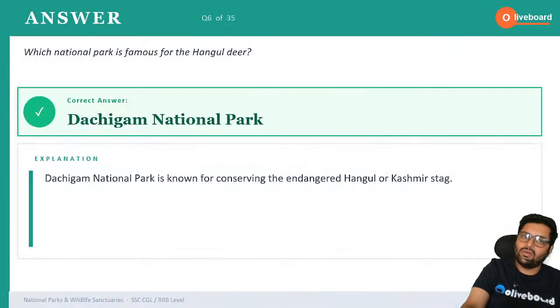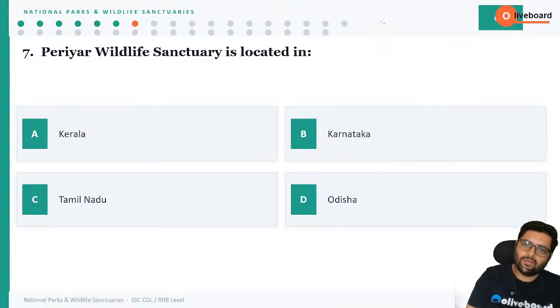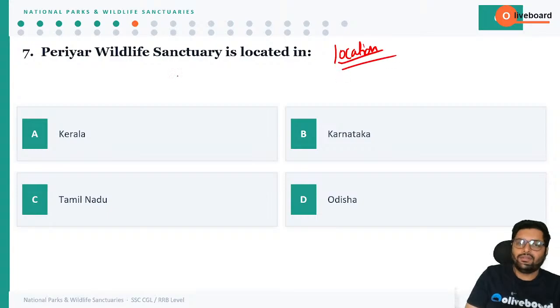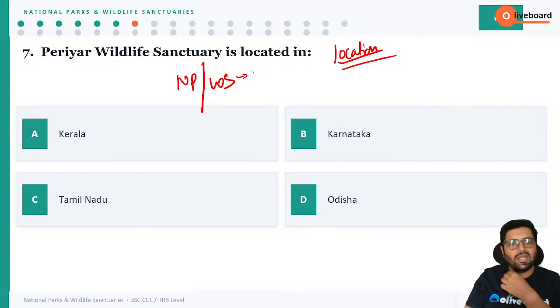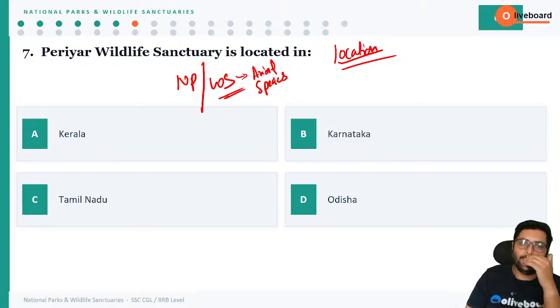Now let us have a look at wildlife sanctuaries. Again, when we are studying wildlife sanctuaries, location is important. But the only difference between a national park and a wildlife sanctuary is that wildlife sanctuaries are usually aimed to protect a particular animal or species.